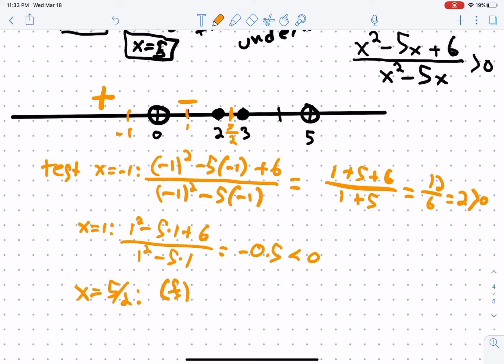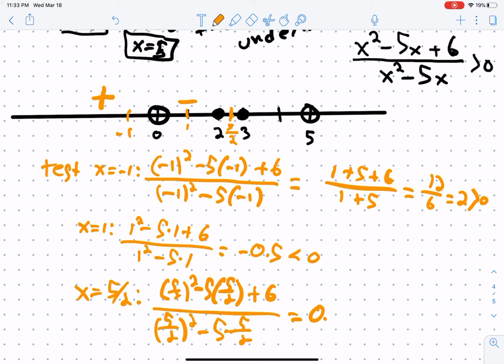It's 5 halves squared minus 5 times 5 halves plus 6 over 5 halves squared minus 5 times 5 halves. And here I'm going to ask the calculator to do it for me. When I plug that in, I get 0.04, and in particular, it's positive 0.04. And that means that on that little interval between 2 and 3, the function is positive.